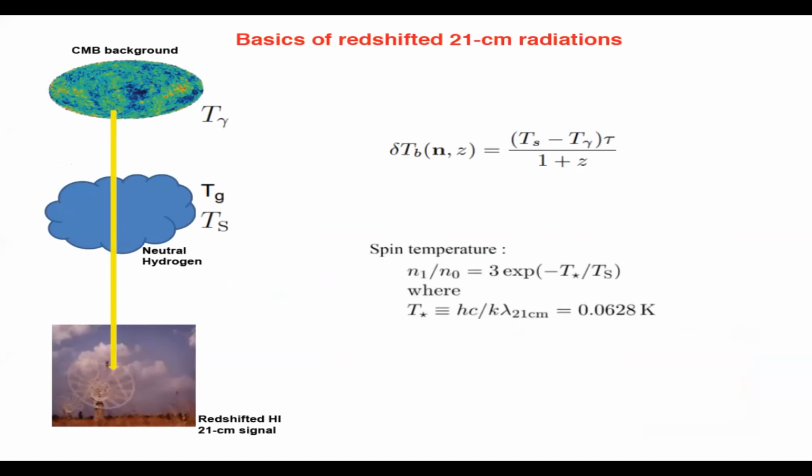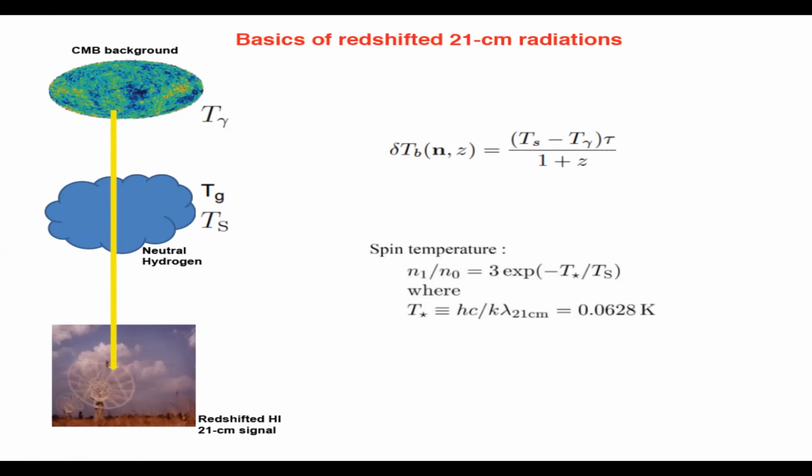So the picture on the left-hand side shows the observational concept. In the background, you have the cosmic microwave background signal, coming from redshift 1000. This cosmic microwave background radiation passes through the intergalactic medium and reaches us. In between, if you have a neutral hydrogen cloud, then that cosmic microwave background signal will be altered.